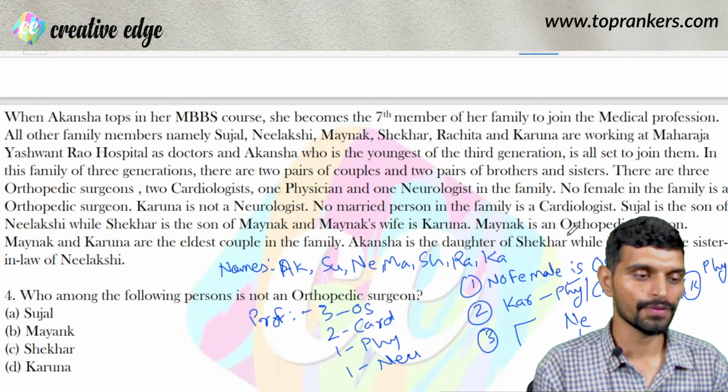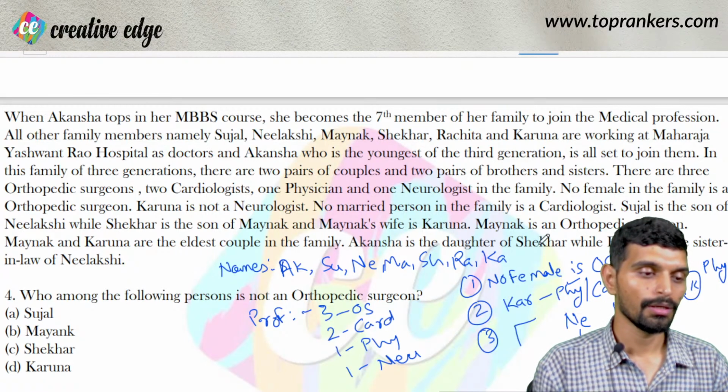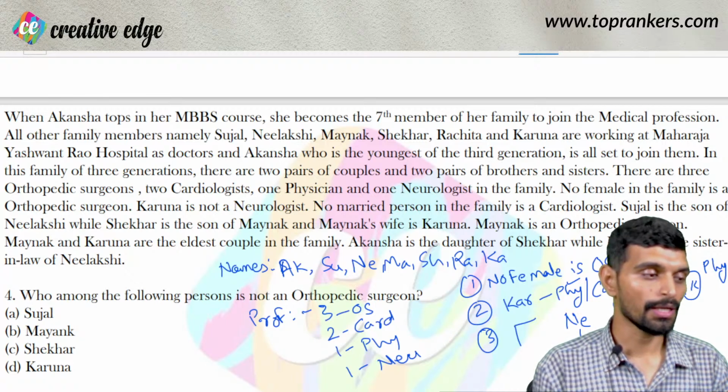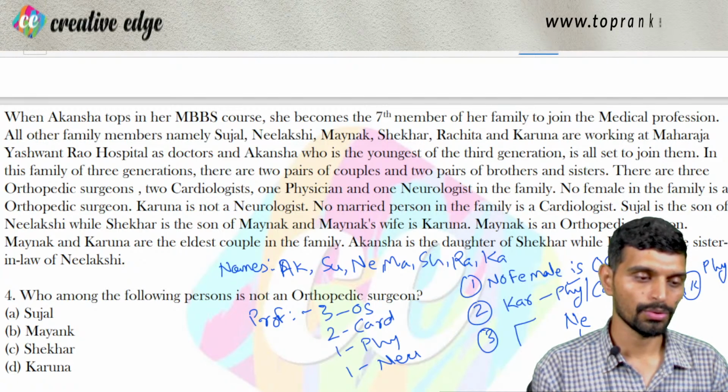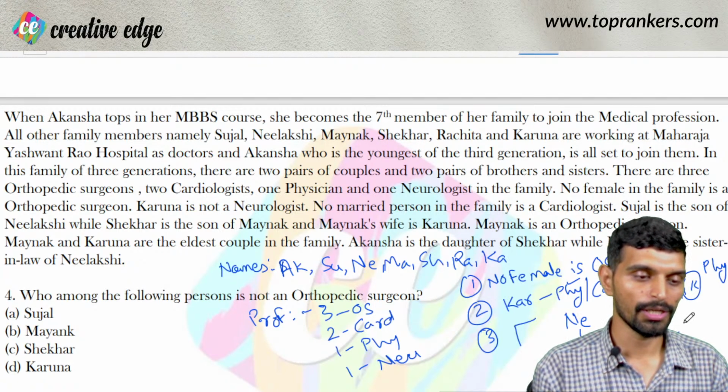Akansha is the daughter of Shekhar. So Shekhar's daughter is Akansha, right? While Rachita is sister-in-law of Nilakshi, so Shekhar must be married to Nilakshi and Rachita must be sister to Shekhar, right?